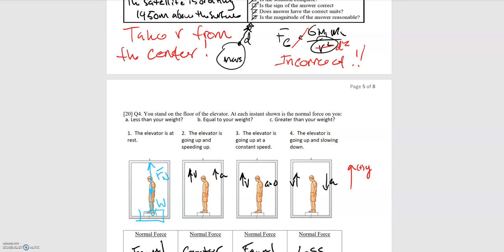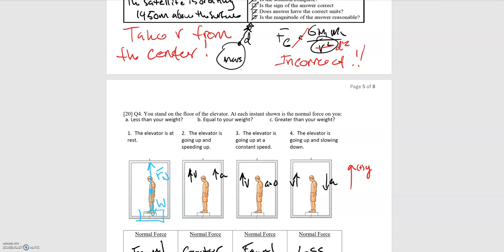What we feel is different. We feel heavier or we feel lighter, and that is the change in the normal force. Our weight's not changing. We're not losing or gaining mass. It is the normal force that we feel. That's the sensation of the weight.